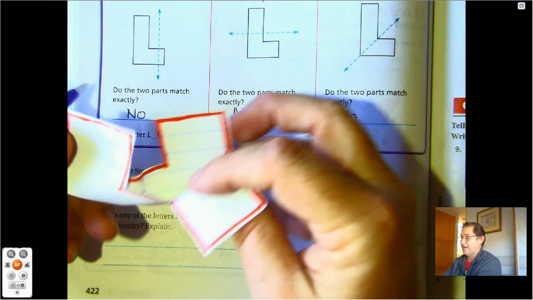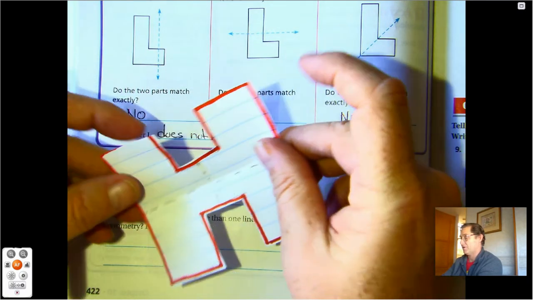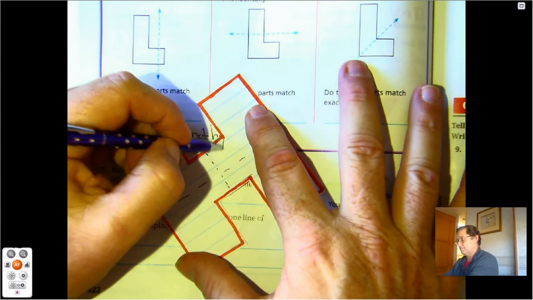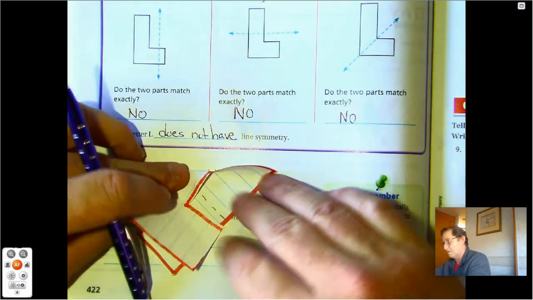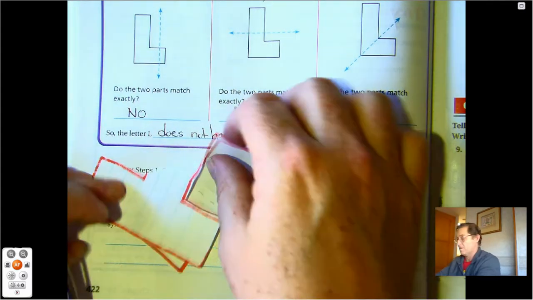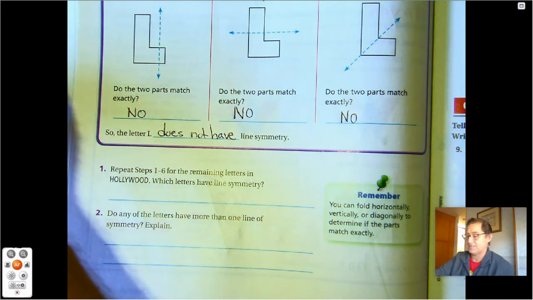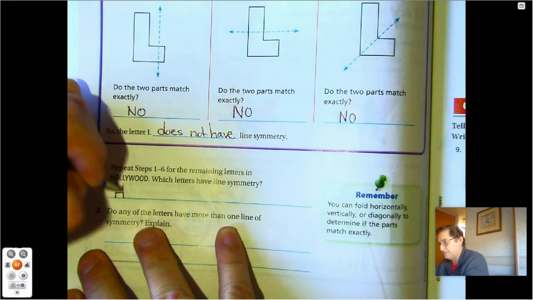So the H has 2 lines of symmetry. How about vertically? Oh, no, it doesn't work vertically. Okay, so the H has 2 lines of symmetry. So H does have symmetry.